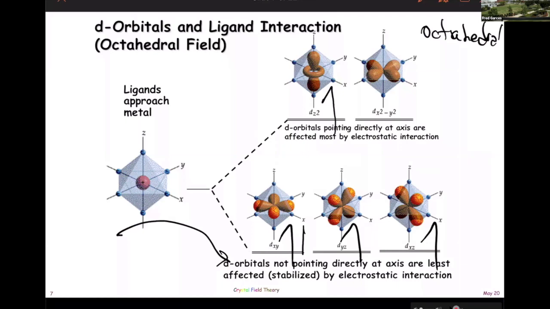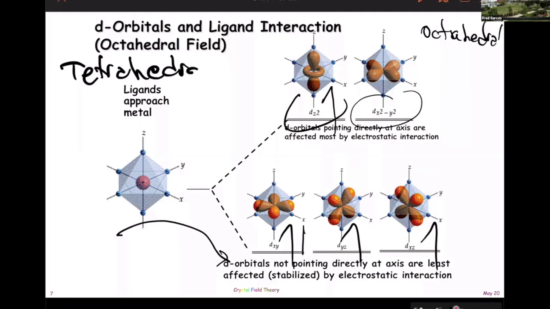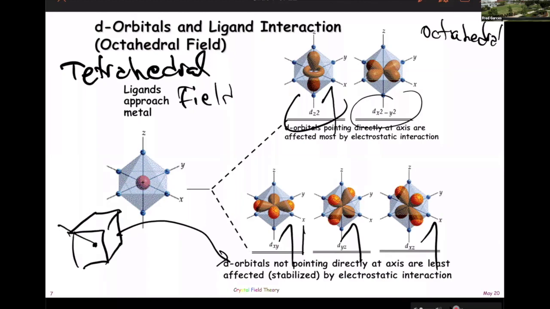Okay, and that's because in an octahedral field, you have 6 ligands coming in, and these are the orbitals that are mostly affected. In a tetrahedral field, the ligands come in on the sides.